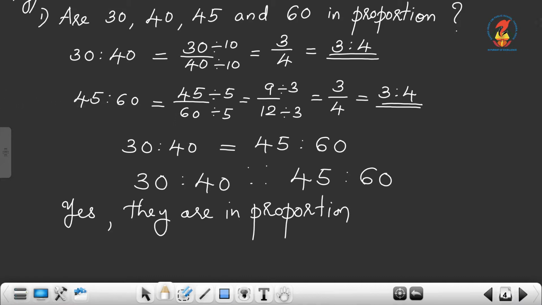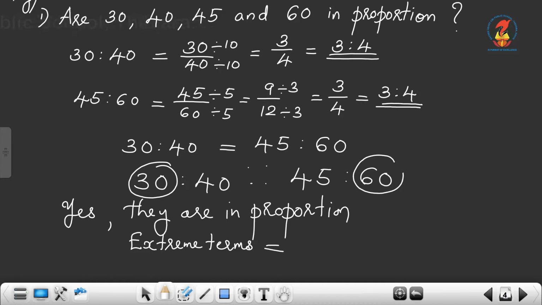Now look at that. How many quantities are there? 4 quantities. So each one we can call a term. 30 is the first term, 40 is the second term, 45 is the third term and 60 is the fourth term. Here the extreme terms are the first and the fourth, so 30 and 60.